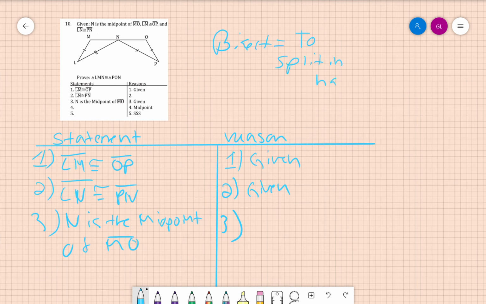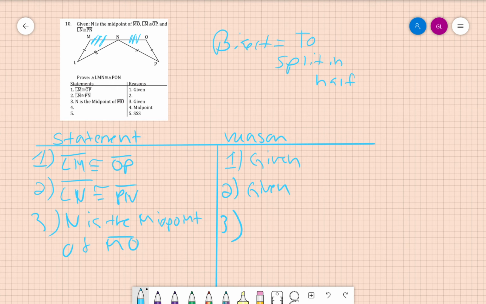If you're bisecting something, you're going to split it in half, which means both of those segments on opposite sides are going to be congruent. So N is splitting MO in half, which means segment MN is going to be congruent to segment NO. And so that's one way we can prove it there.